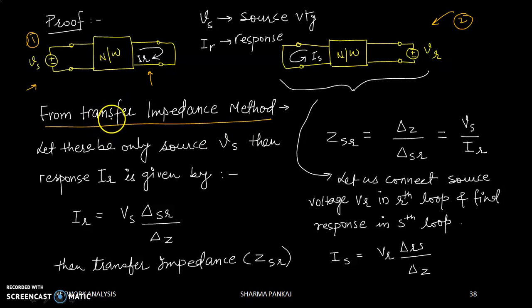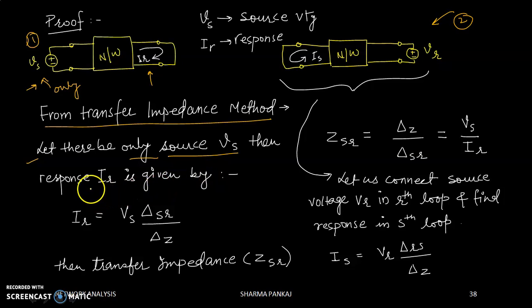What we are interested in is finding out what happens to the response when the positions of the response and the excitation source are interchanged. Let there be only one source Vs. This is the only source present in circuit diagram 1.